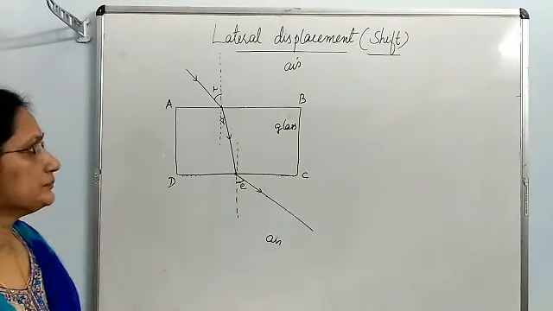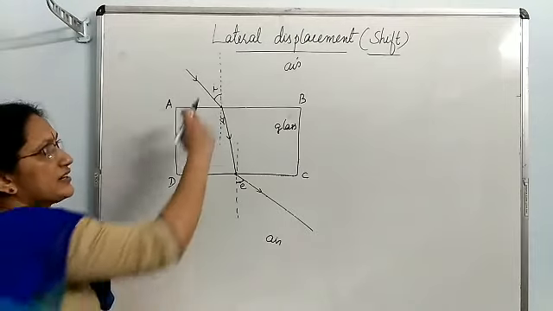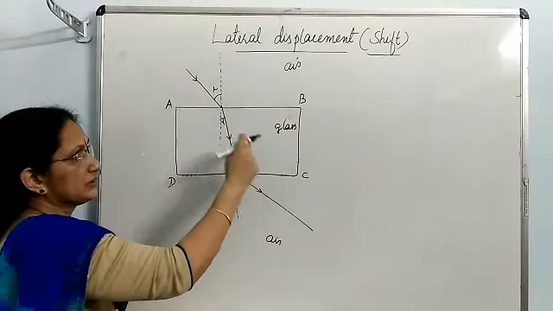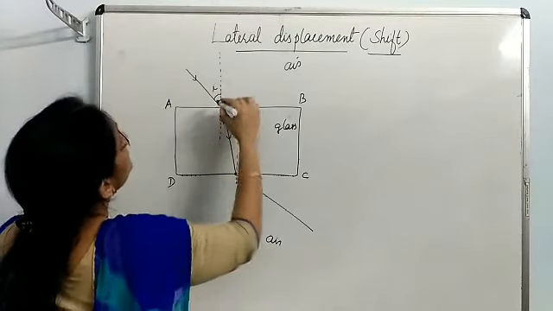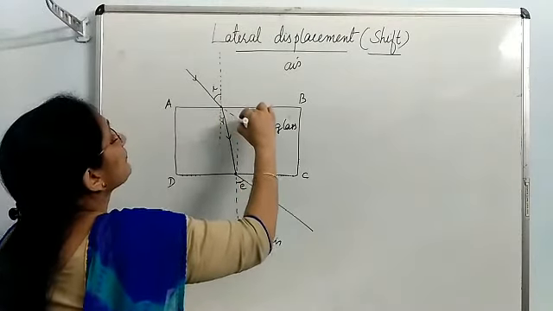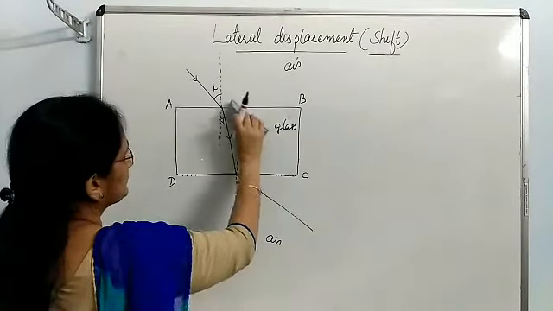Then, if you extend this incident ray straight forward, let us see what happens. This is the incident ray. Extend it straight forward.